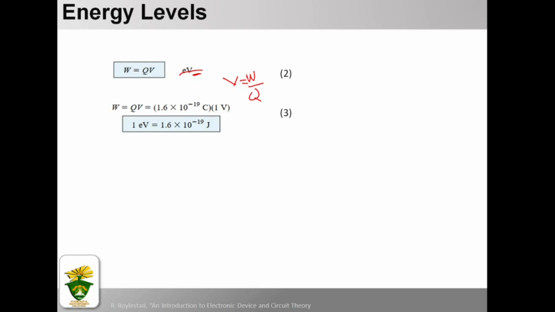Substituting the charge of an electron and a potential difference of 1 volt, we result in an energy level referred to as 1 electron volt, which is equal to 1.6 times 10 to the power of negative 19 joules. Okay, that is how we derive it.